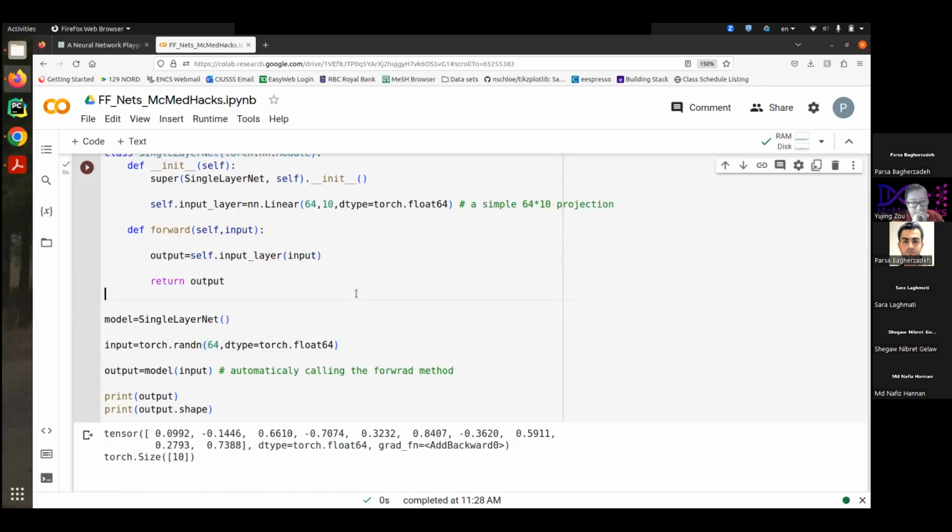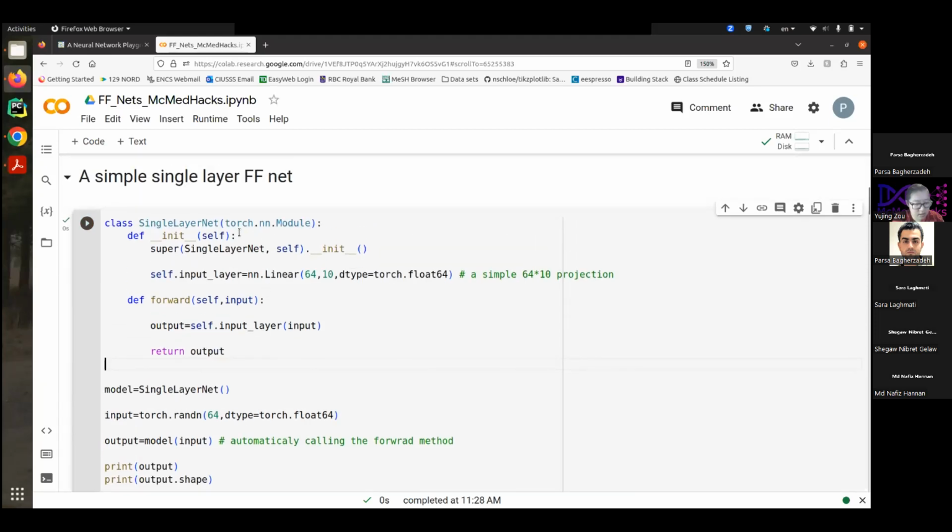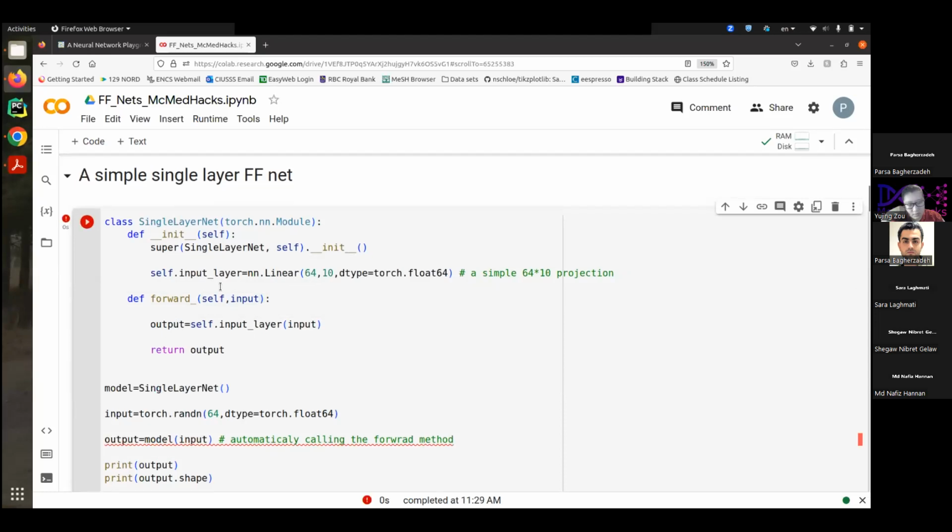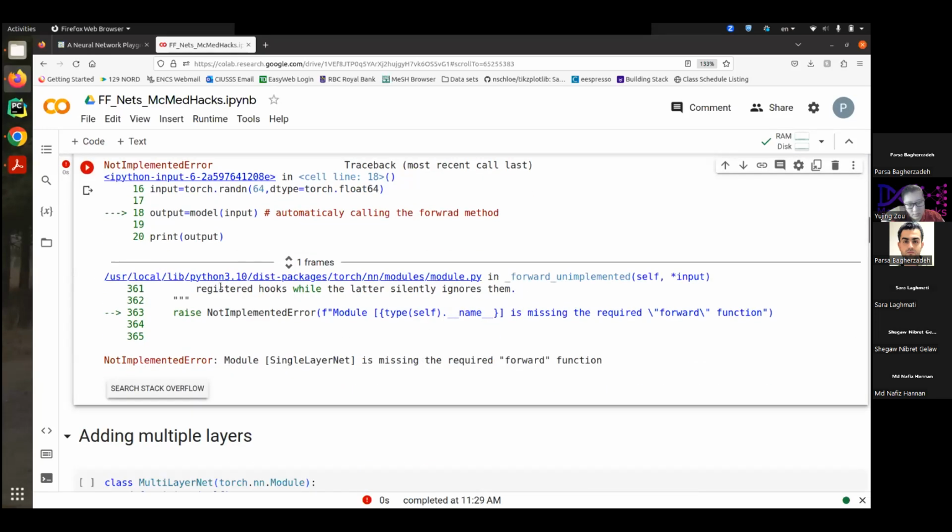Let me again talk about my forward function. As I mentioned, if you define this layer as a PyTorch module and you define a forward function, when you call your model and pass this input as an argument, it automatically goes through this forward function. If I change the name of this forward function, for instance to forward underscore, this again would raise an error.